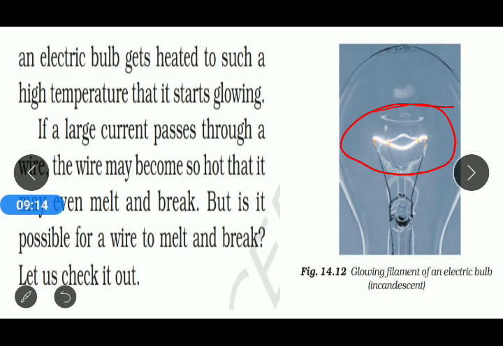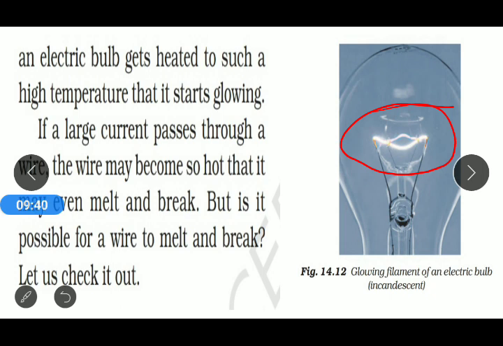That is the way the electrical bulb works. Basically the filament of a normal electrical bulb is made from a particular material, through which when the electric current flows, it gets heated, and due to that heat it is converted into light. That is the basic fundamental of an electrical bulb.